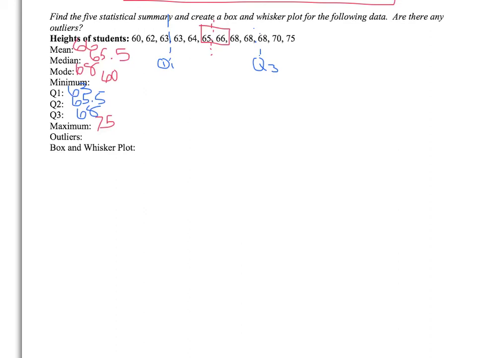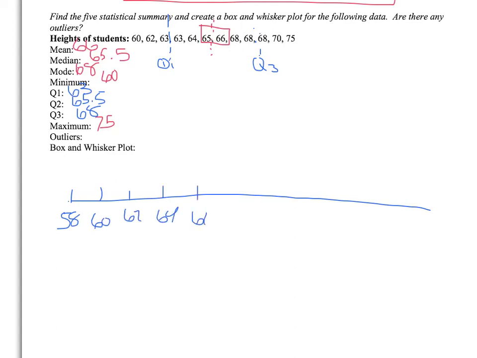Sorry, I know I'm going over a little bit here. To make your box and whisker plot now, you draw a number line. You include at least from 60 to 75. I'm going to go up by 2s. On your box and whisker plot, I usually do it above just so I can see it better.